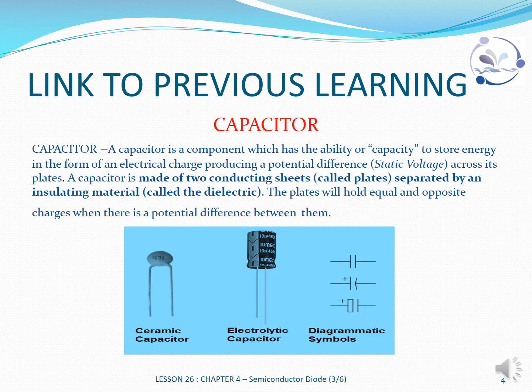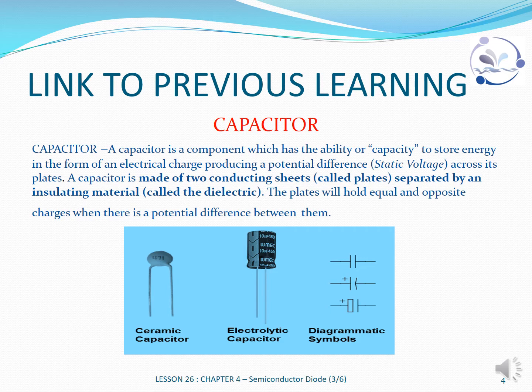Linked to previous learning, a capacitor. What is a capacitor? A capacitor is a component which has the ability or capacity to store energy in the form of electric charge, producing a potential difference, which is static voltage, across its plates.